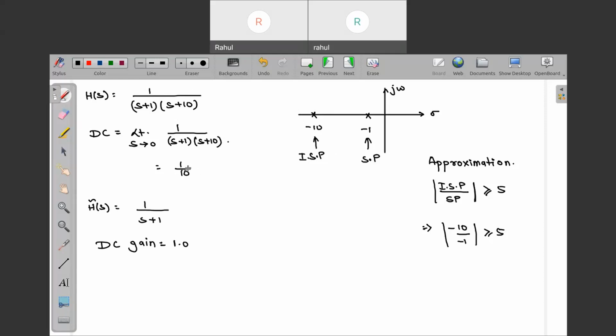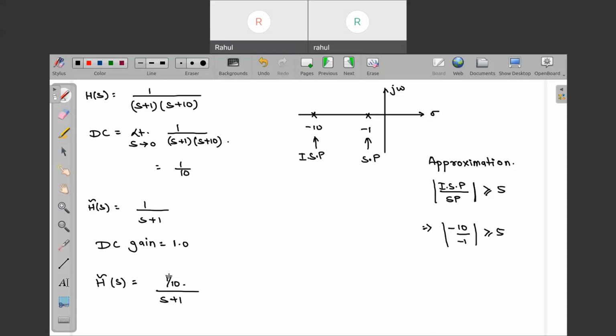But I told you that the DC gain before and after approximation should remain the same. So H tilde s, the approximated version of this transfer function, will be equal to 1 by 10 s plus 1.